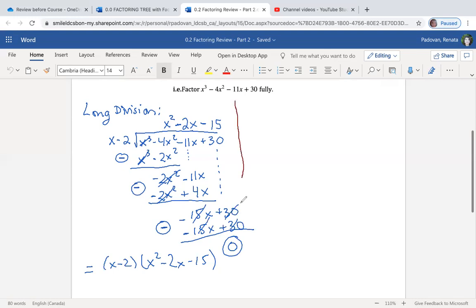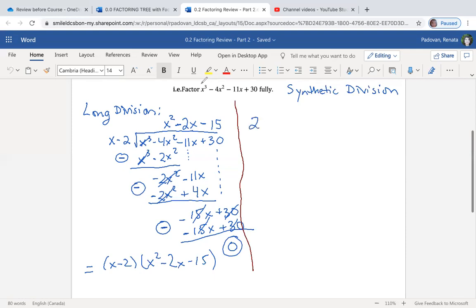Synthetic division. You're only using the numbers and not the variables. So I take my factor, which was a 2, and I put it out in front.